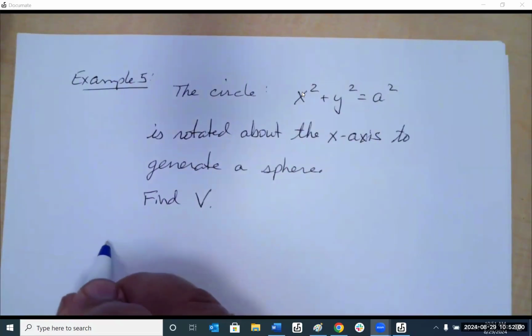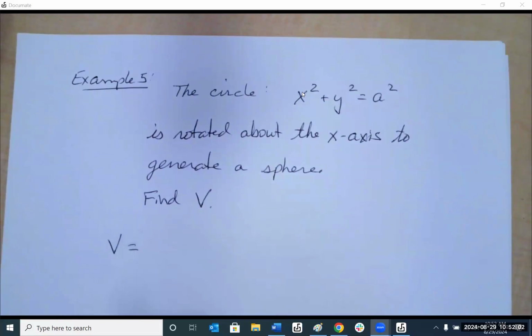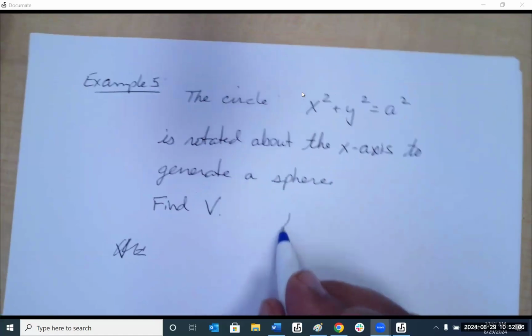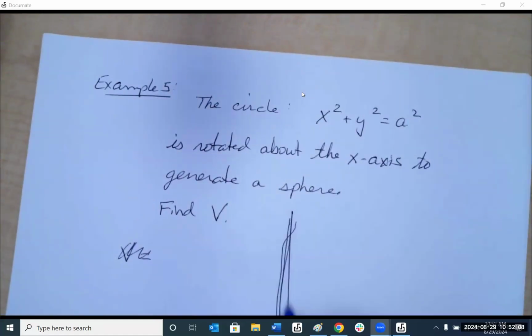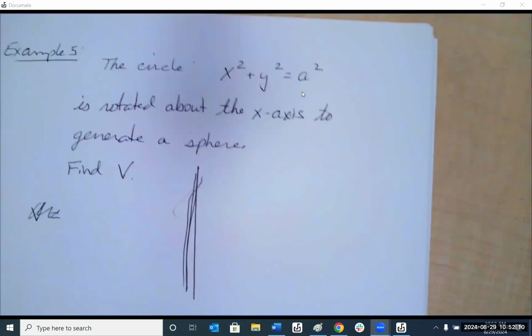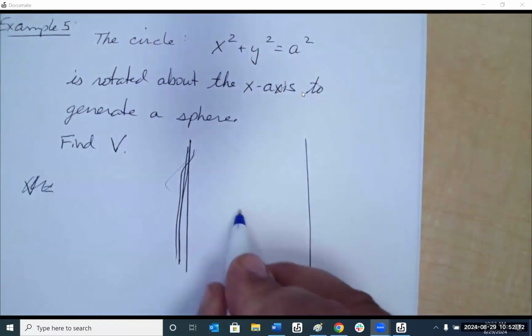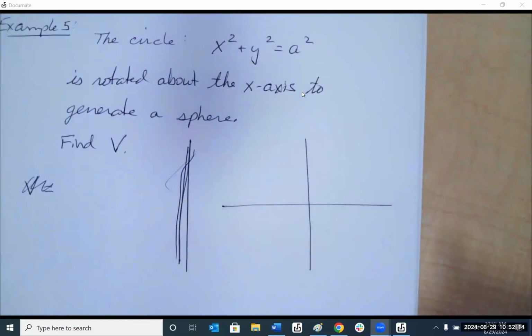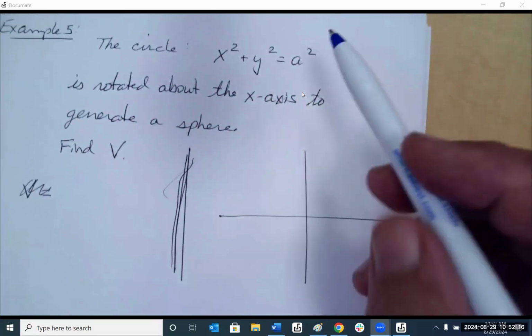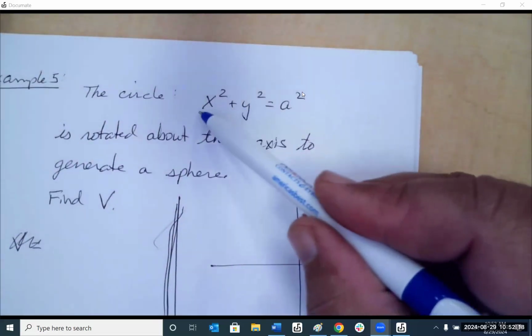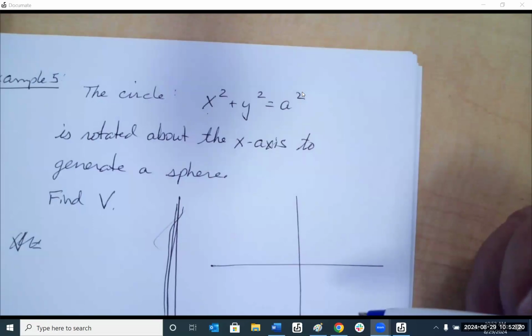Well, remember our formula. Let's draw the picture first so we see what we're talking about. Where is the center of our circle?